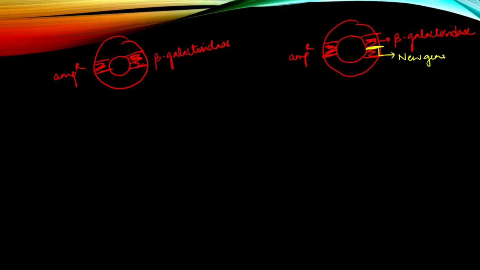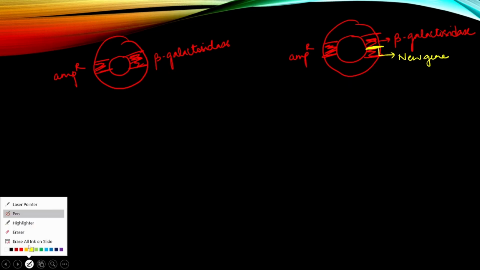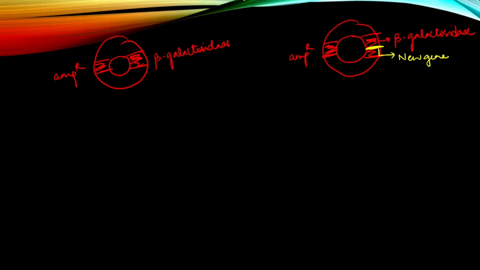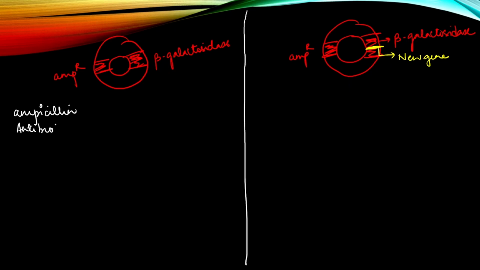Initially, in the presence of ampicillin antibiotic, plus sign for present, what will happen? The bacteria will grow, because the gene is active.